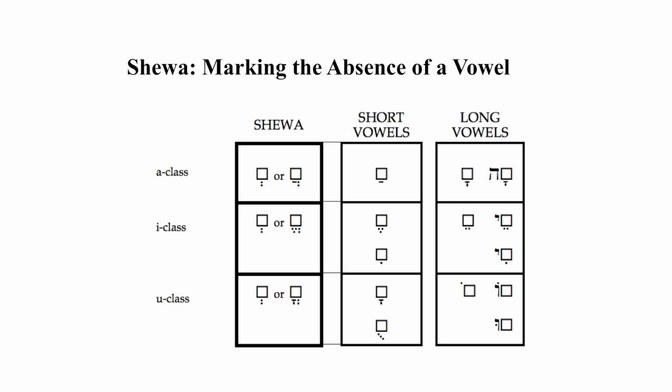So in the A class category, you'll notice that to indicate the absence of a vowel, a letter can have either the two dots that are the regular schwa, or it can have a patach, a short A, together with those two dots to indicate a very, very abrupt A sound. So long A, ah.